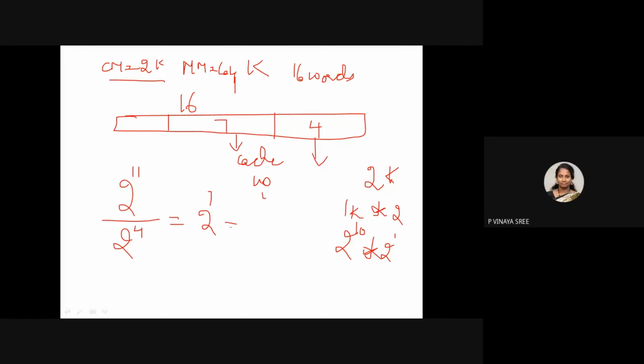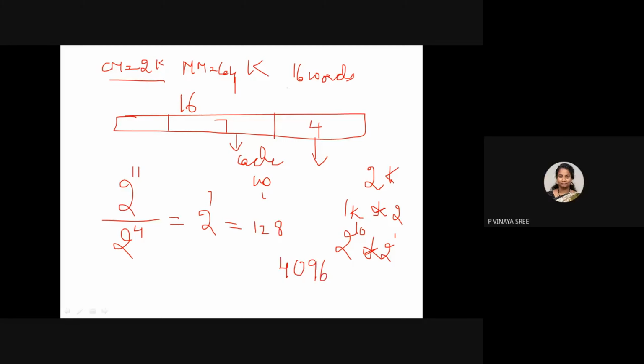Now 2 power 7 equals how many? Is it 512 or 128? It is 128. So you have 128 cache line numbers and you have 4096 block numbers.